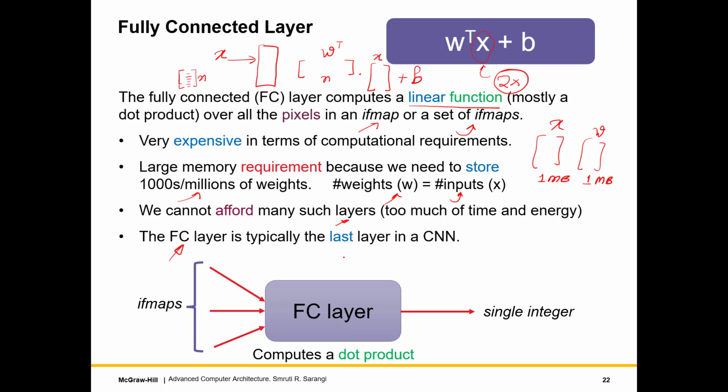Hence, the FC layer is typically the last layer in a CNN, and it is typically used to compute the final output. You take in multiple IF maps, compute this expression, add the bias terms, and for each one of them you have a linear transformation of this kind.